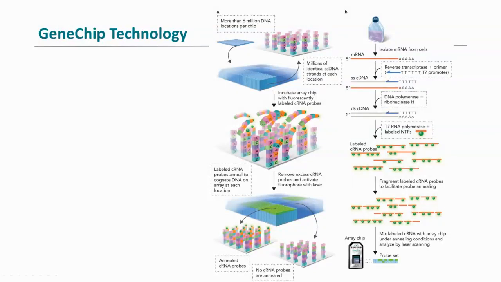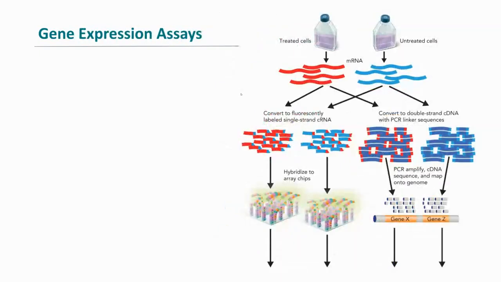The probe sequence can help you to identify the source of the transcript, and then based on the intensity of the signal from each position, the computer can help us to determine the amount of transcript for that particular gene.